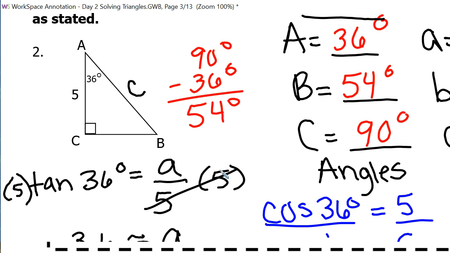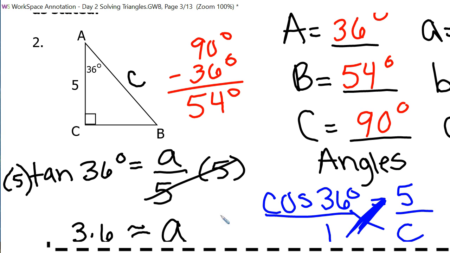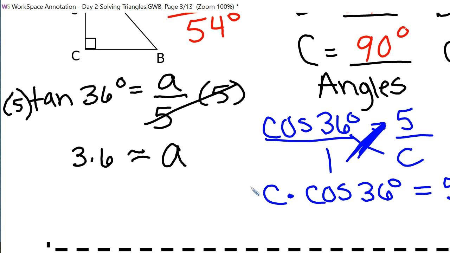Now, if I turn this into a proportion, I can cross multiply. So this would be C times the cosine of 36 degrees, set equal to the other cross product, 1 times 5 is 5. And if C is being multiplied by the cosine of 36 degrees, what would the opposite be? Divide both sides by the cosine of 36 degrees.